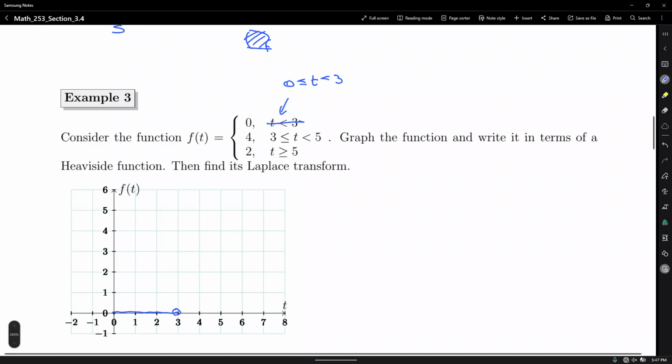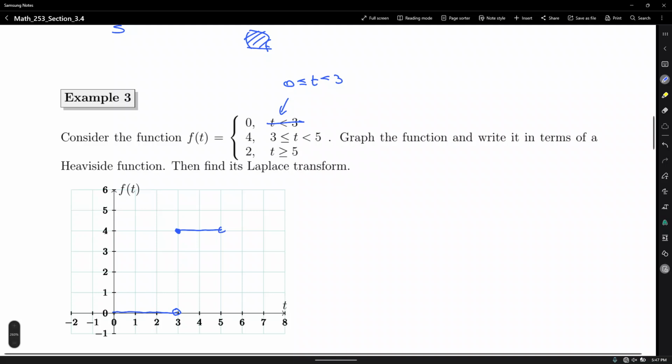Then between 3 and 5, we're going to have a signal or light with an intensity of 4. So I'm going to go up to 4, solid point here, and then do a horizontal line, y equals 4, but only between 3 and 5.